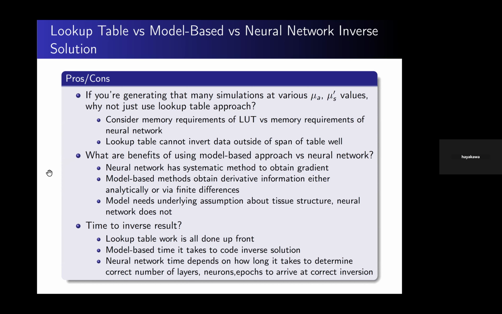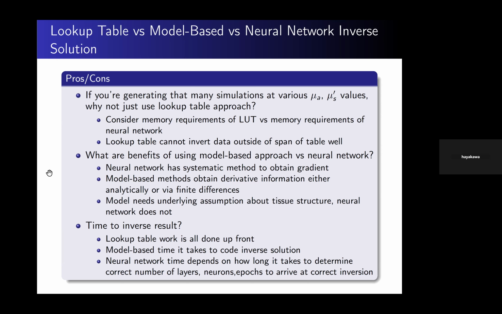But you have to think of the memory requirements of the lookup table. You have to store all that data, keep it resident, so you can move in and find your inversions. There are memory requirements of a neural net too, so you have to weigh those out. A lookup table cannot invert data outside the table well. You can extrapolate, but it may not be correct.